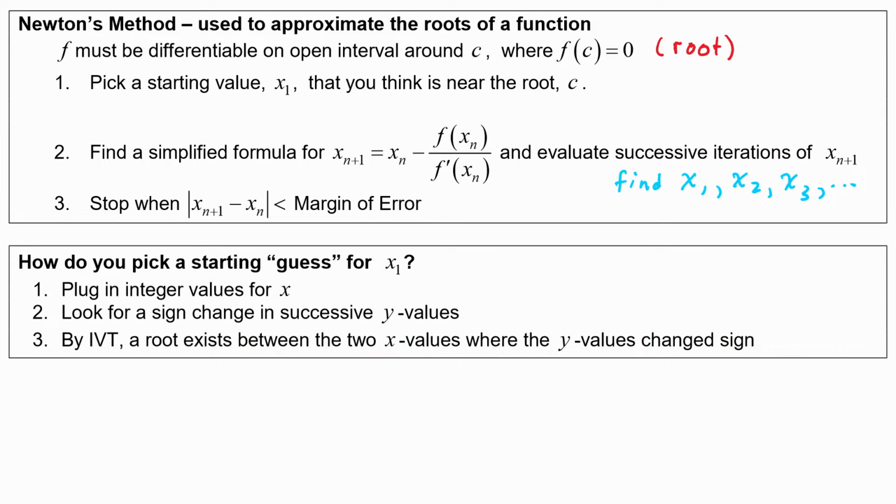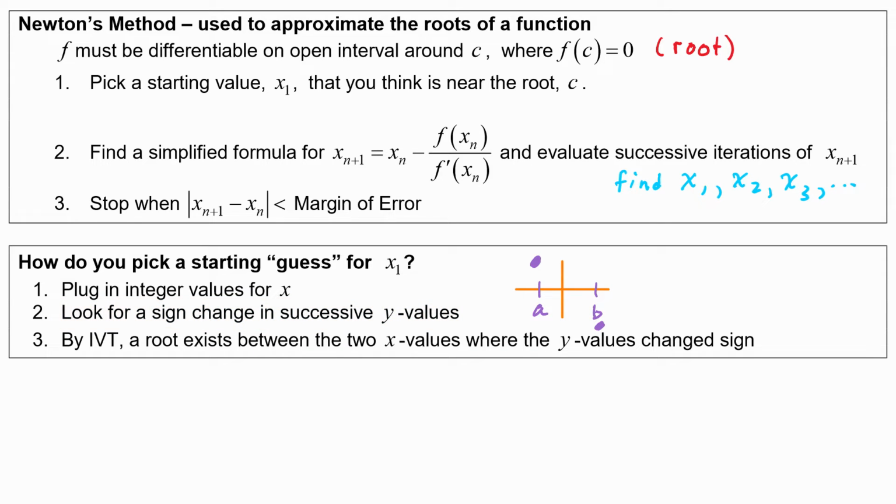So think about this for a second. Let's say you pick an x value here, let's call it a, and an x value here, you call it b. If the y value at a is positive and the y value at b is negative, that's what they're talking about when they say look for a sign change in successive y values.